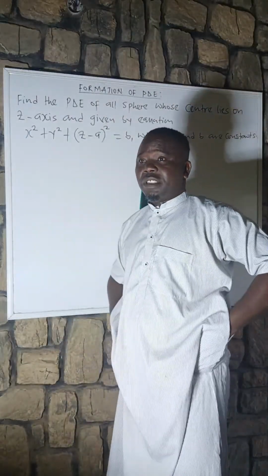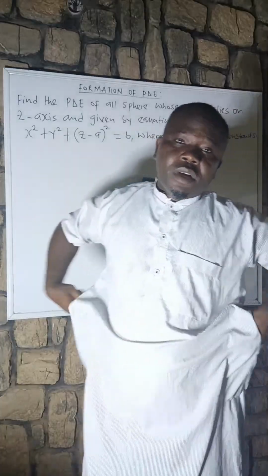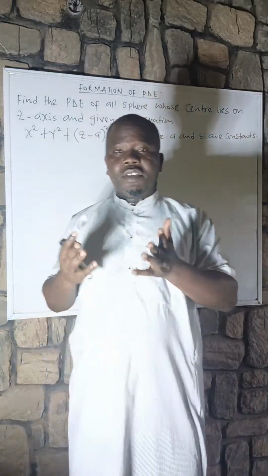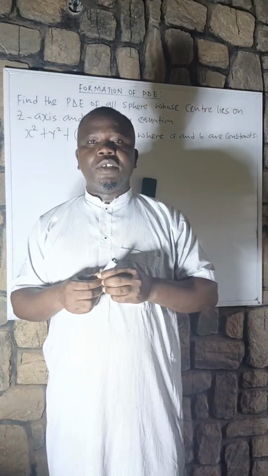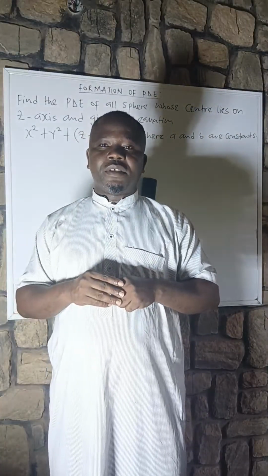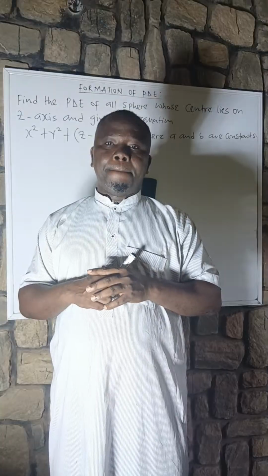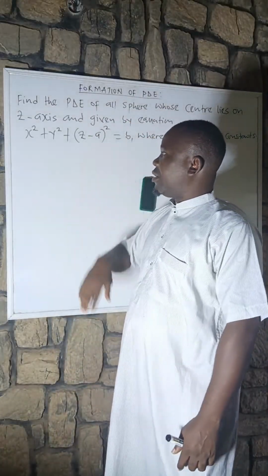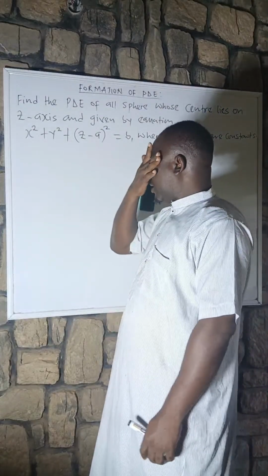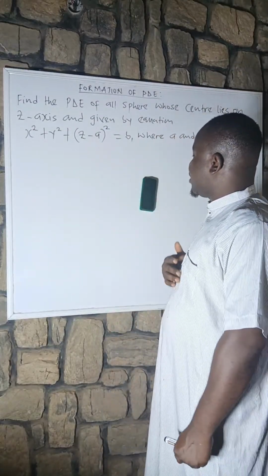We have two types of formation: substitution and elimination, but in this video I will be using the elimination method, how to form PDE to eliminate the arbitrary constant. What do I mean by arbitrary constants?